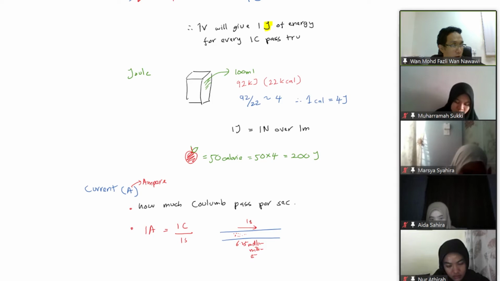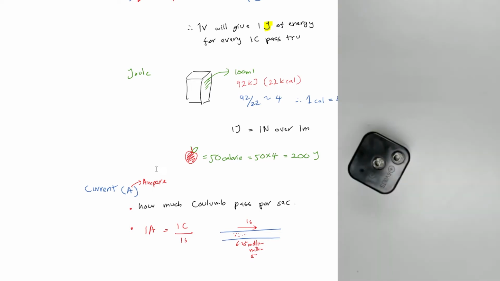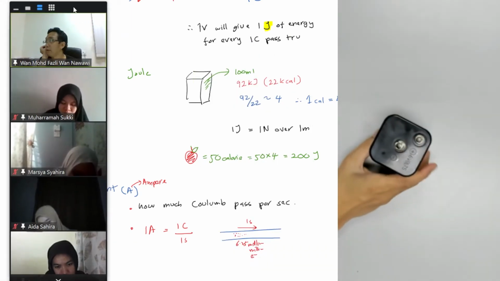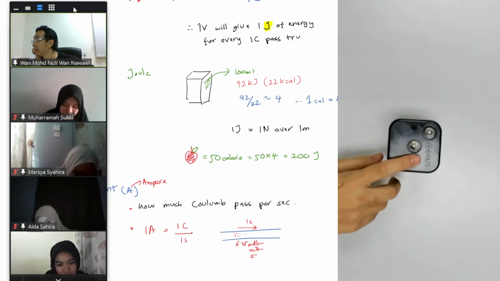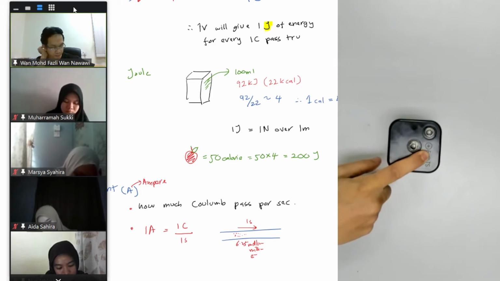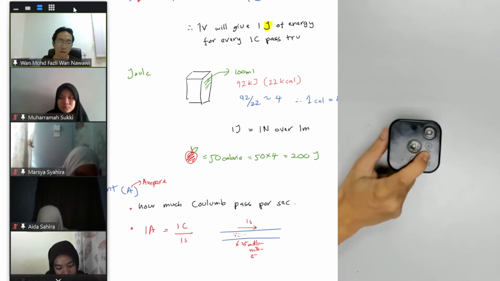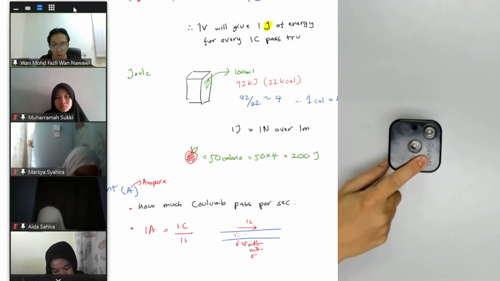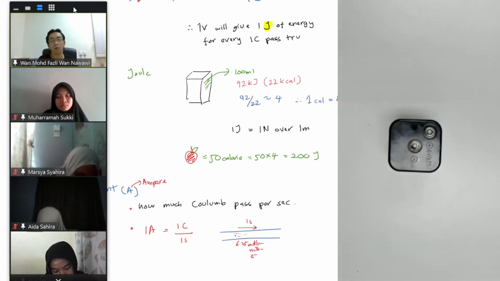If I have, for example, this battery, and you look on top of it, it says 6 volt. This 6 volt means it will give 6 joule of energy every time 1 coulomb is passed through.